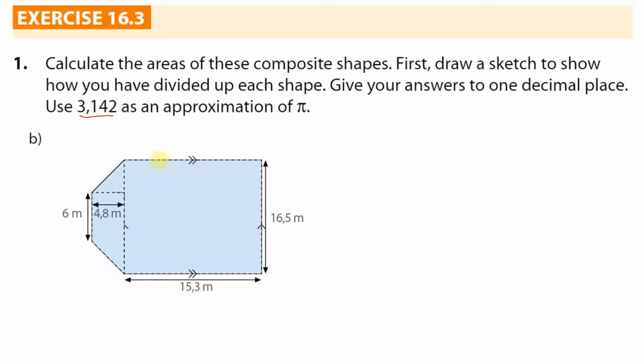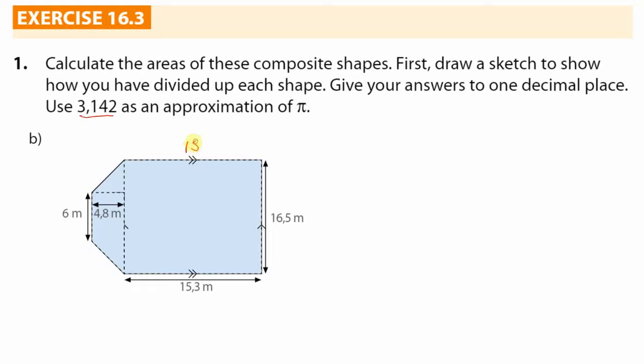So let's study this figure. So what I see is we have a 16,5. These two sides are parallel. Here we have a 15,3 and even these two sides are parallel, so this seems to be like a rectangle.